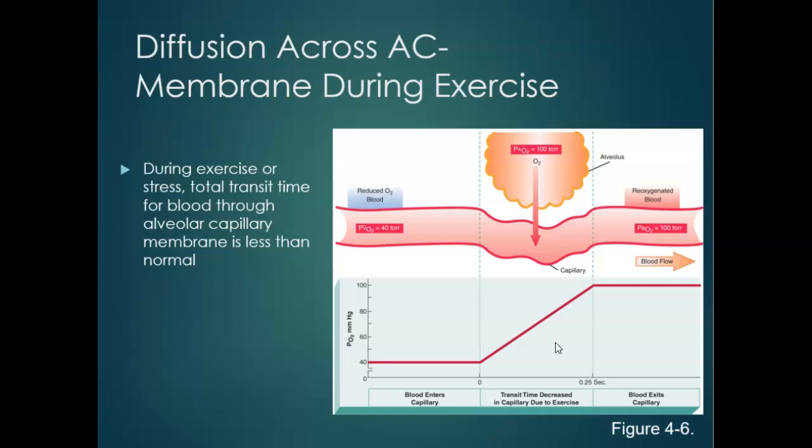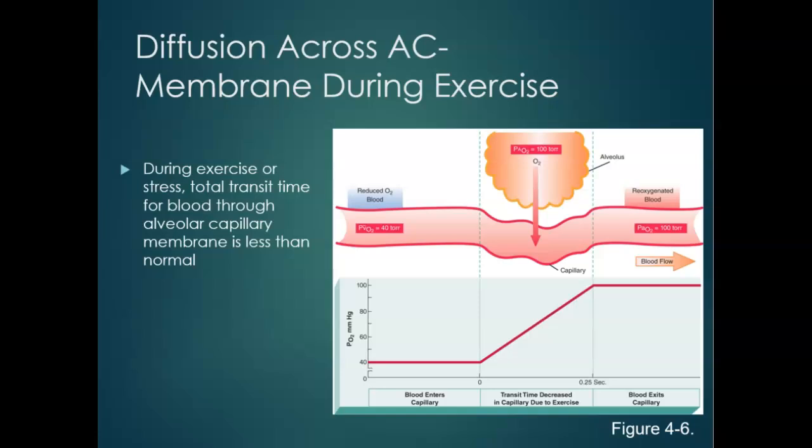So the blood's moving through our lungs much, much quicker. So we will not have as long. We don't have 3 times the amount of time that we need for diffusion. It might be 1 to 1 or 1 to 2, which in most healthy adults isn't going to be a problem, right?